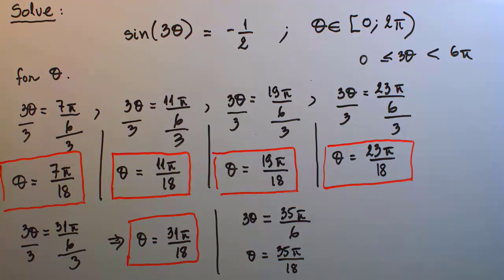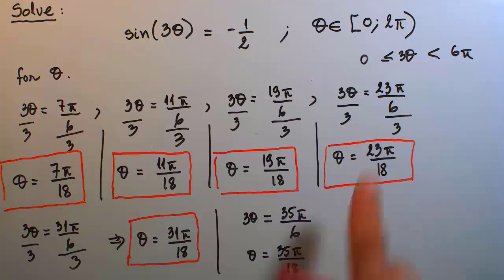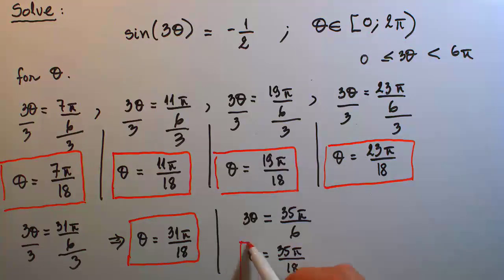And our last value here is 35 pi over 18. But as I briefly said earlier, it needs to be 36 over 18 in order to equal 2. And so 35 pi over 18 is still below 2 pi. So this last value also qualifies to be inside of that restriction interval we're looking at.